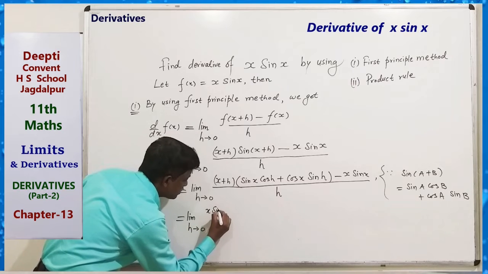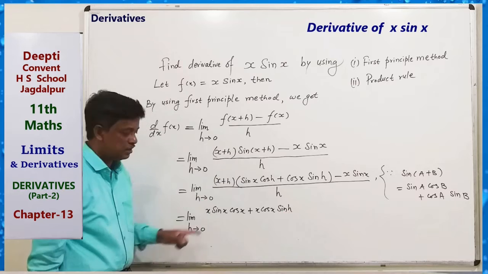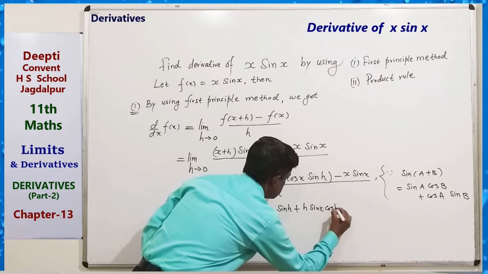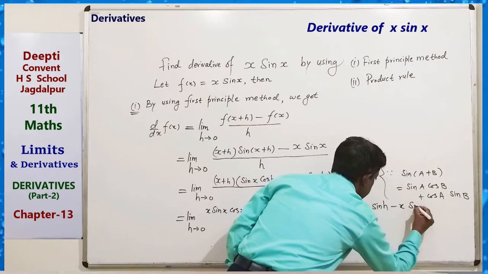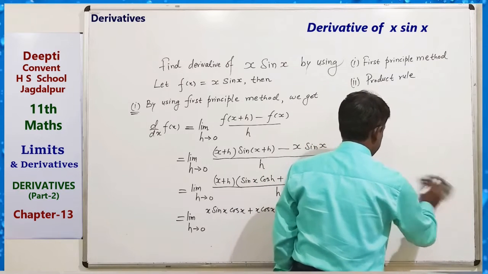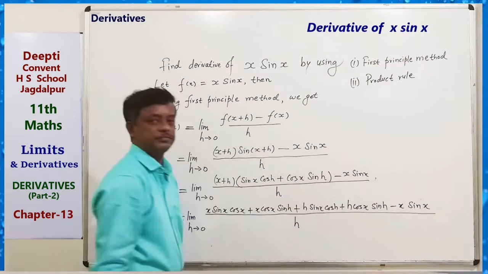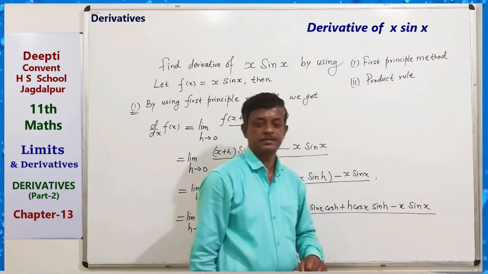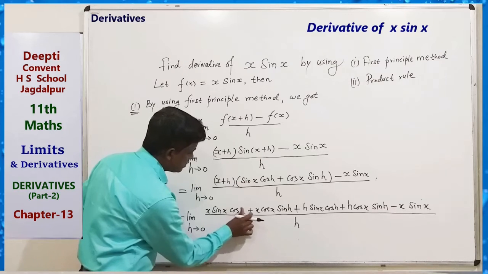So x into sin x cos h plus x into cos x sin h, by multiplying by x, and also by h, plus h sin x cos h plus h cos x sin h, minus x sin x, divided by h.